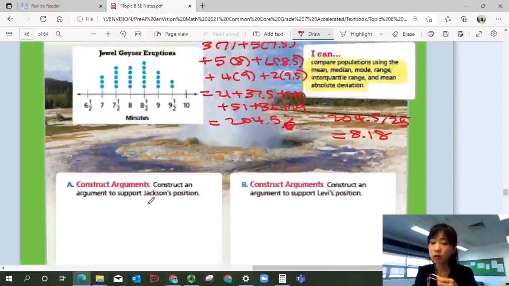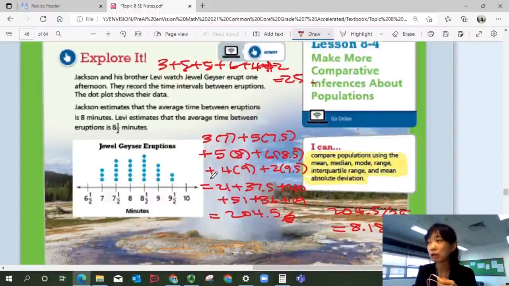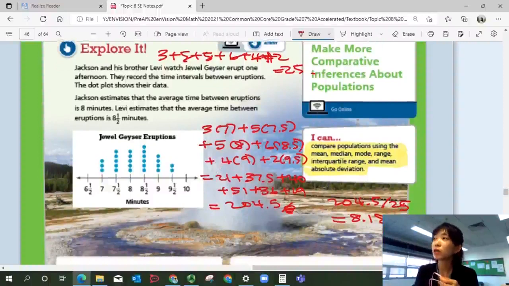Or let's see if the median would be his argument. Let's see. So we have 7, 7 and a half, 7 and a half, 9, 7.5, 9, 7.5, 9. Count from the outermost to the innermost. So that would be our median, 8. So that's more accurate, right?